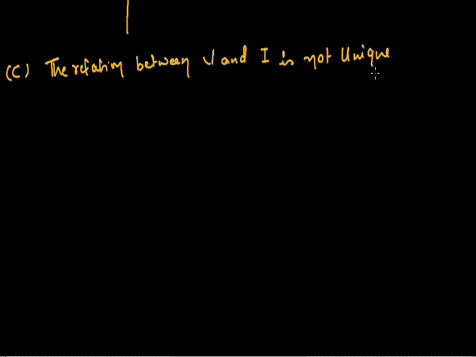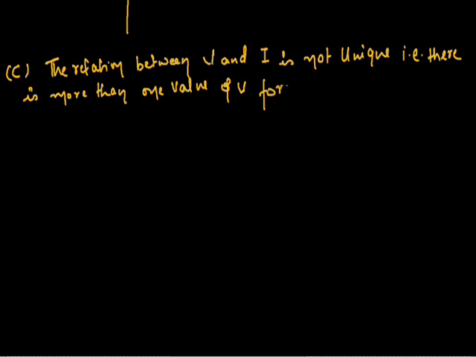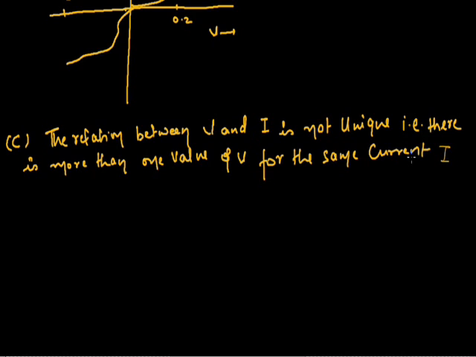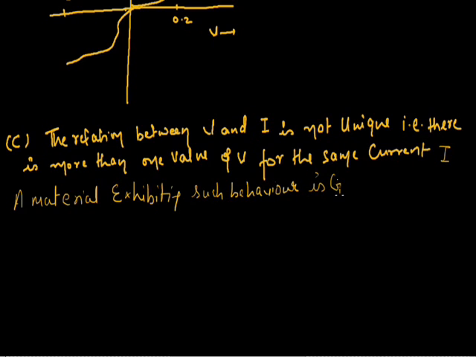That is, there is more than one value of V for the same current I. A material exhibiting such behavior is GaAs, gallium arsenide.